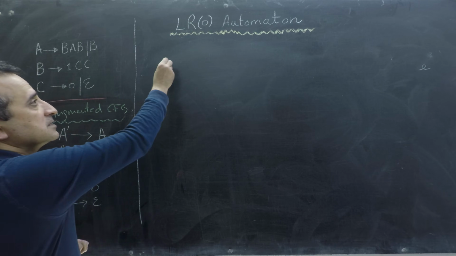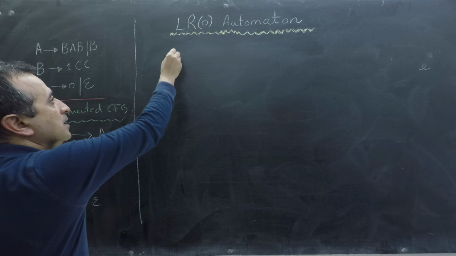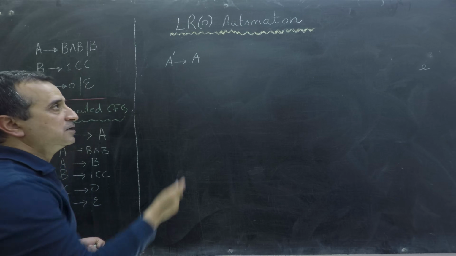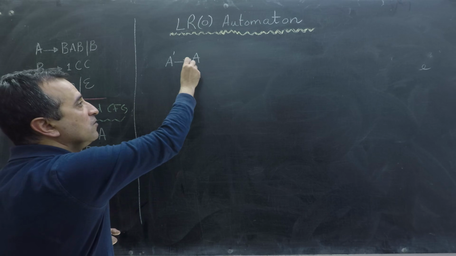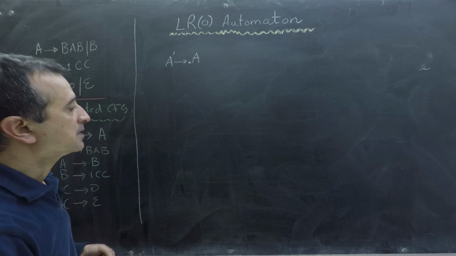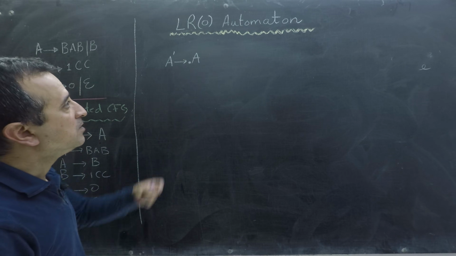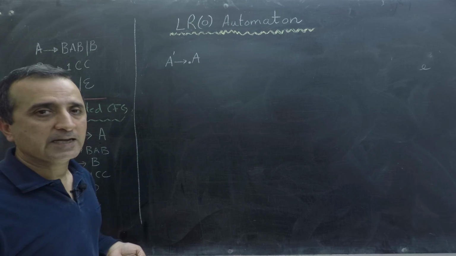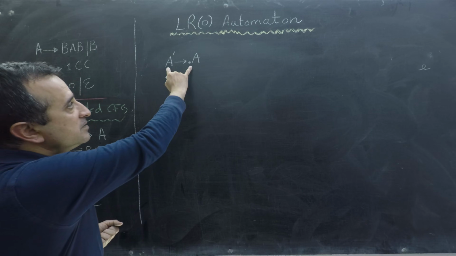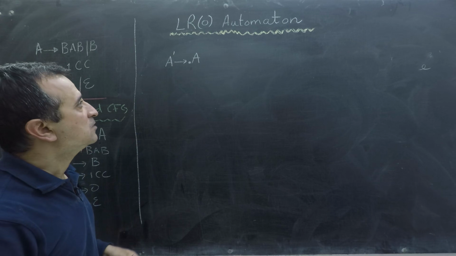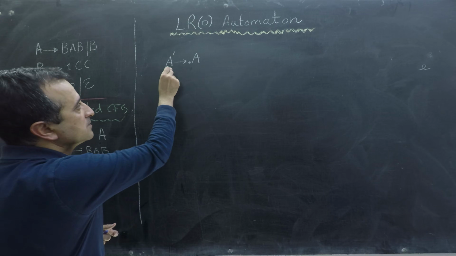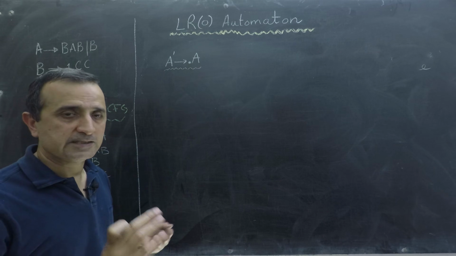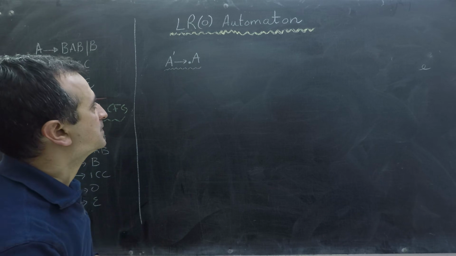So the start state will have A bar goes to A, and the dot will be at the beginning of the right hand side of the production. Now all the other items in this start state will be because of this item. So let me mark this item, as this item will be creating the other items of this state of the DFA.